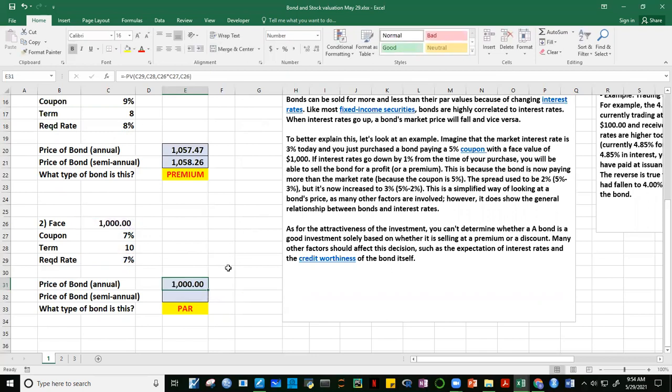Control Enter. So the amount that you're going to pay for this, the price of the bond, is also 1,000. So it's the same as the face value, because your required return is equal to your coupon rate.